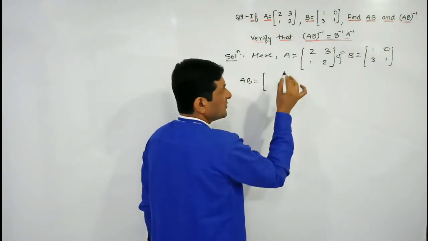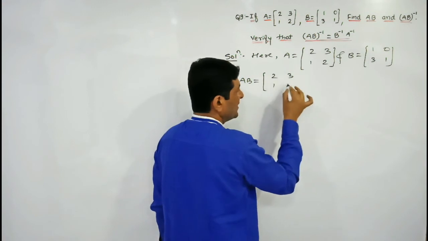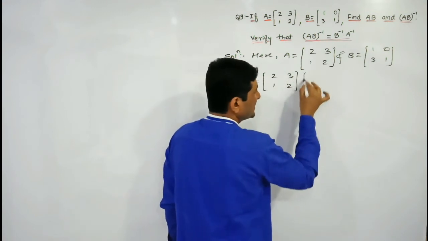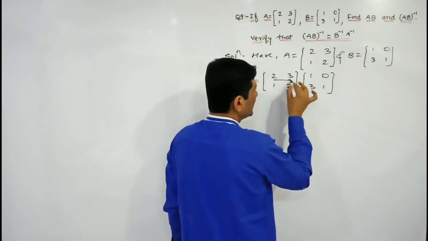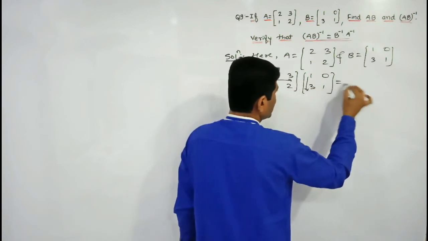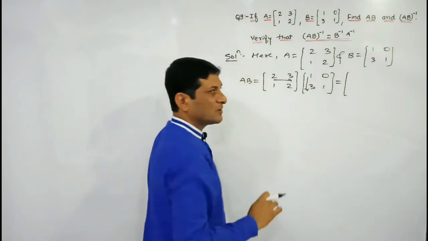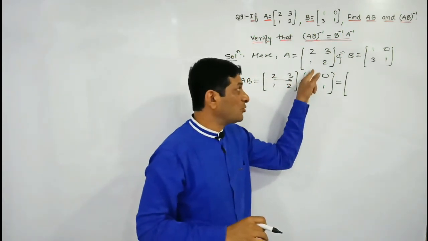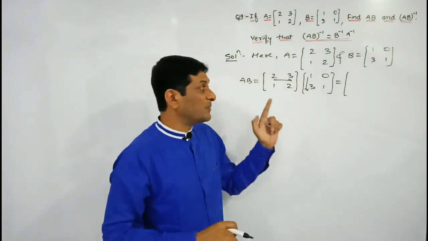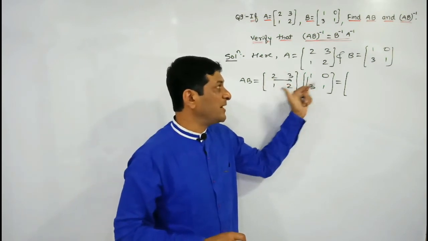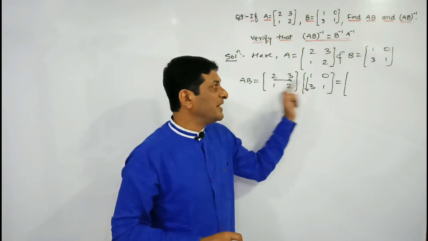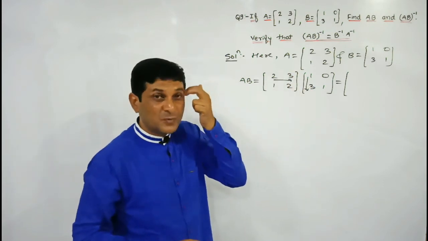We know how to take the multiplication of two matrices. Whenever we are finding the multiplication of two matrices, we multiply row by column. Multiplying row by column means multiply the first element by the first element plus the second element into the second element. So see what we will get here.